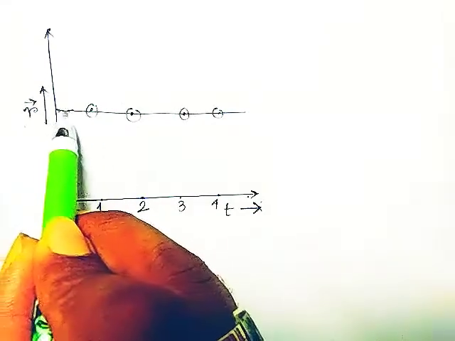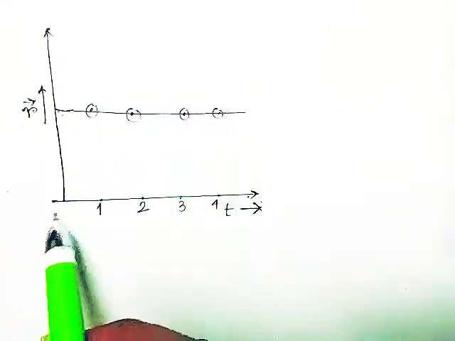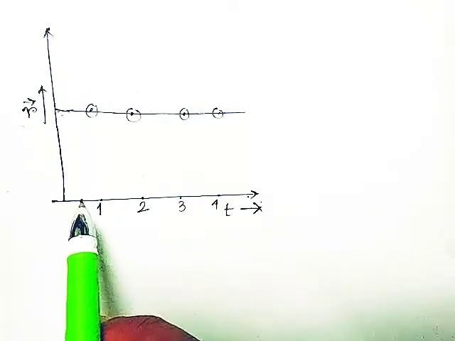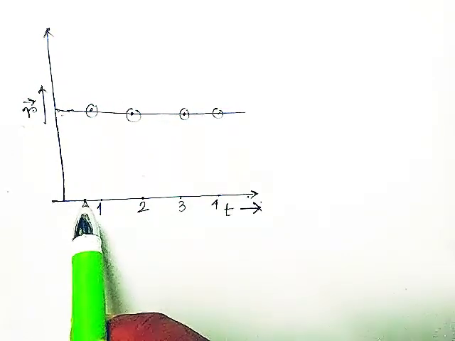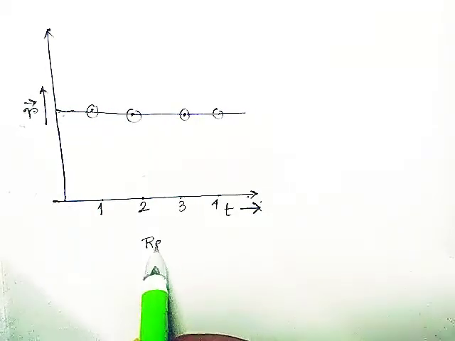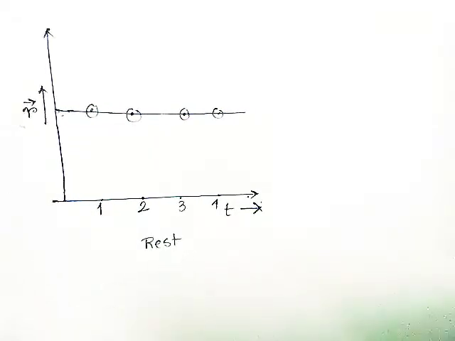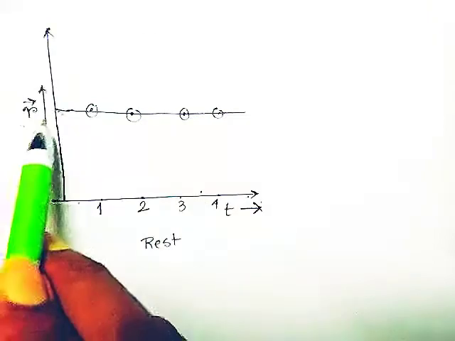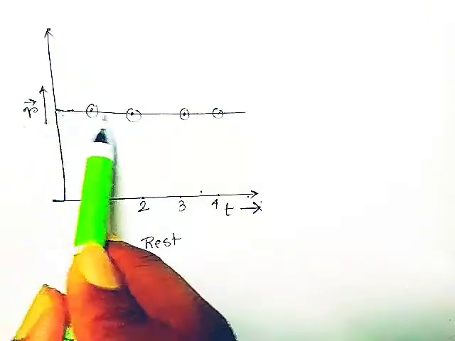So in the position versus time graph, the graph is parallel to the time axis. This basically represents any object which is at rest. Why? Because with changing time, the position is not changed.